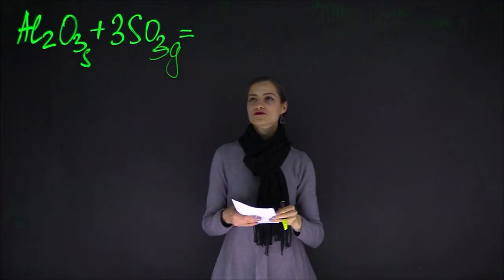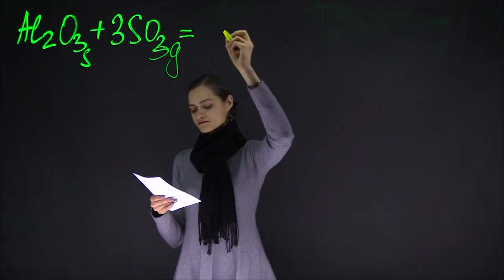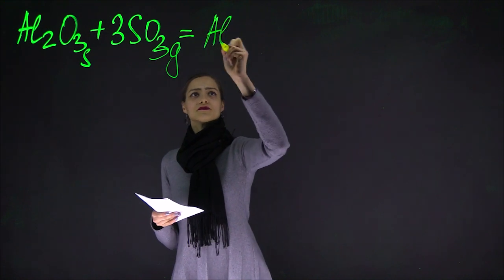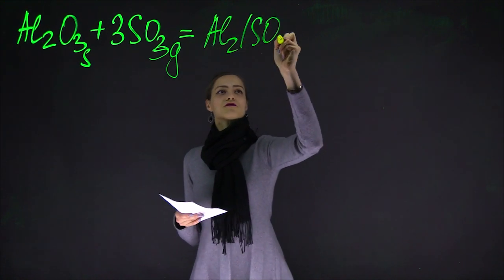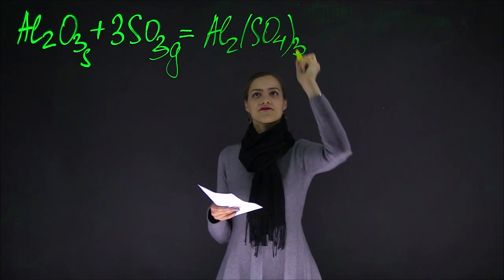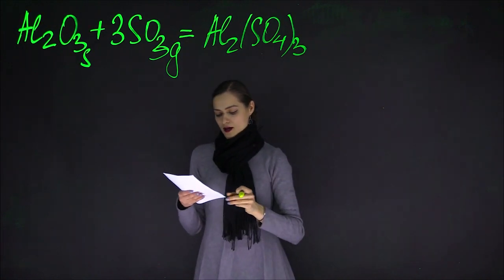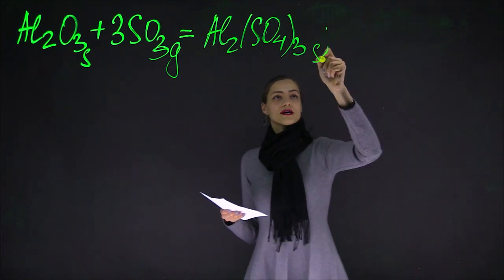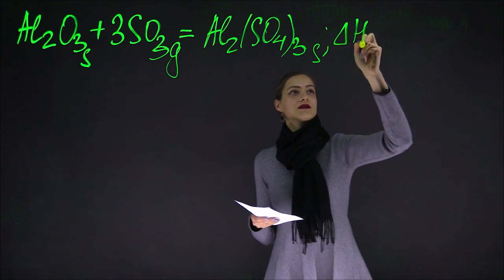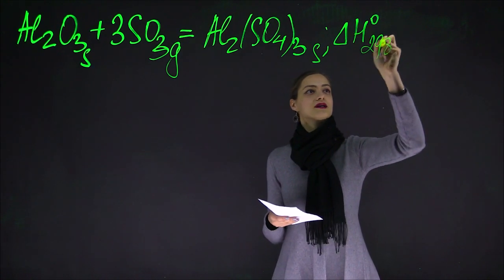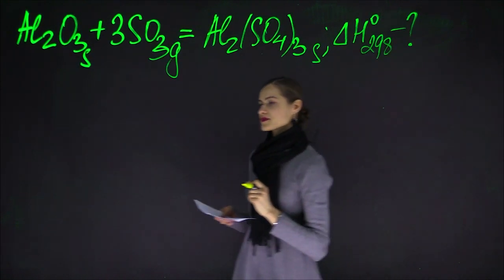And of course, it produces a salt. So we have Al2(SO4)3, as well in solid form. And we need to calculate the heat effect of this reaction, but in standard conditions.